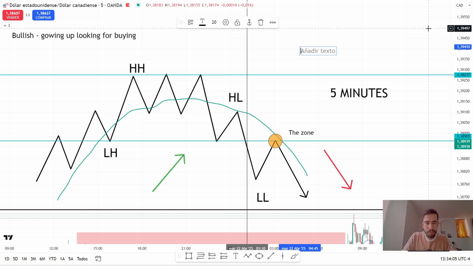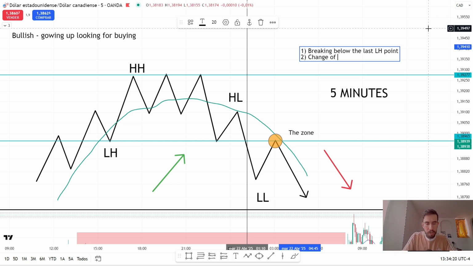So now it's breaking below the last lower high point. Change of structure, because it broke, there is a change of structure.